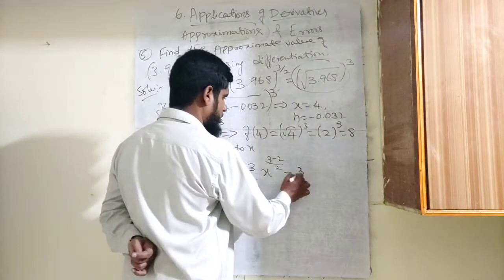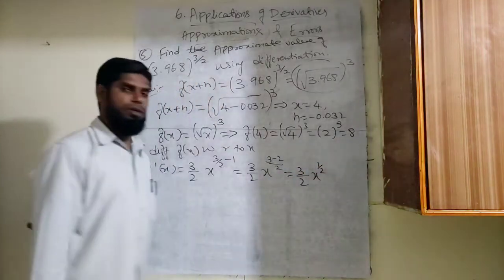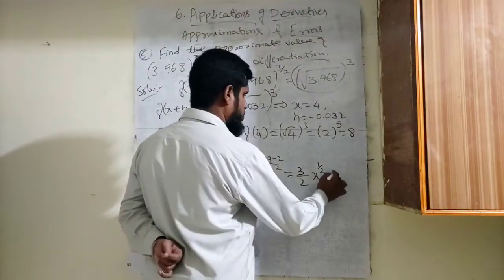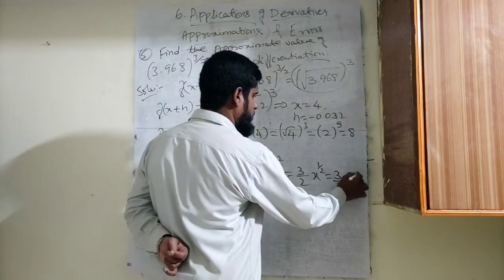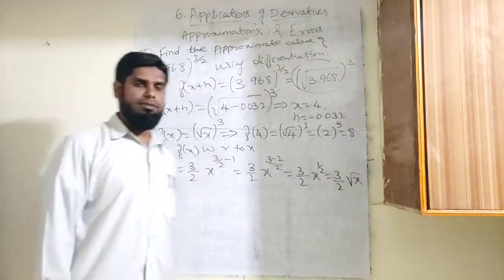So it is 3 by 2 into x power 1 by 2. x power half means root x.